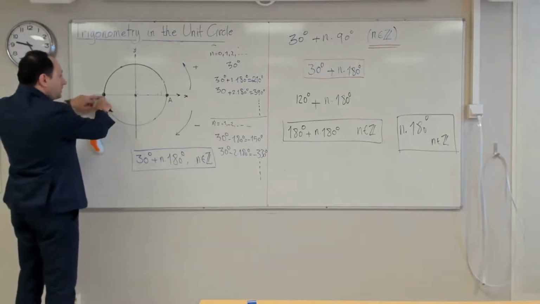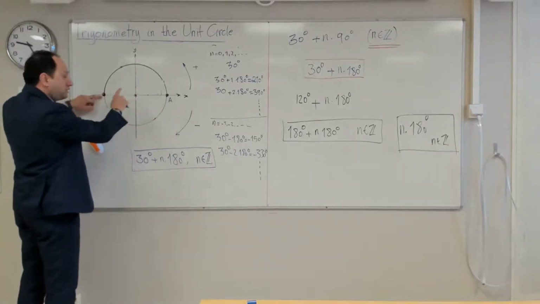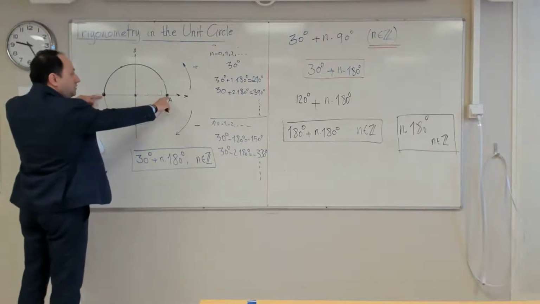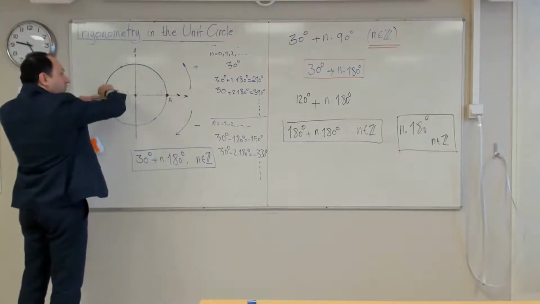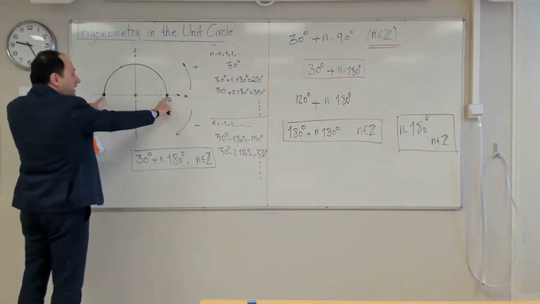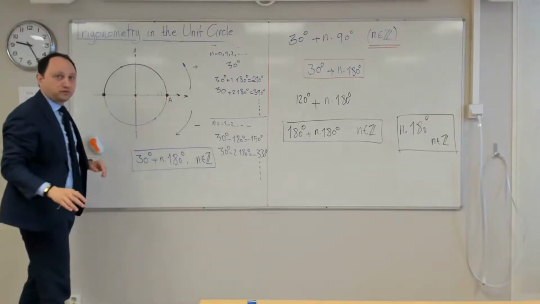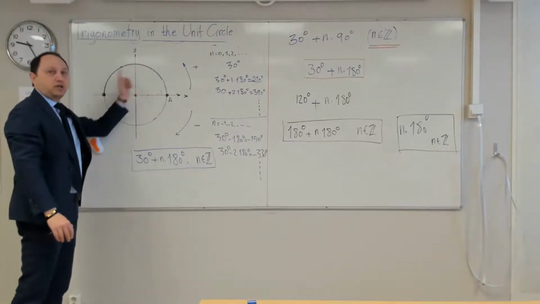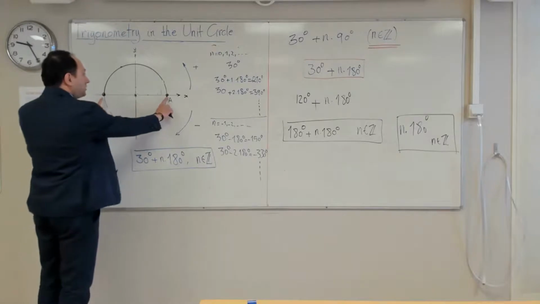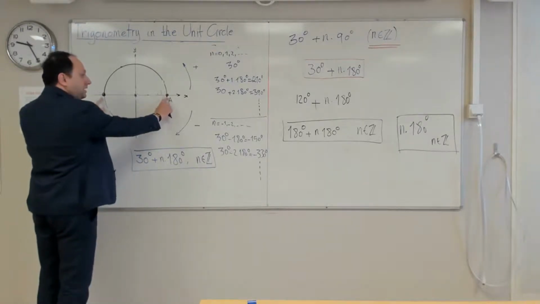So if you start from here, rotate positively 180, you end up here. Rotate positively 180 more, you end up again here. So this process will repeat itself. So you will only get 2 final points, nothing more. And it doesn't matter if you go in the positive direction or negative direction. It's not possible to get more points than these two.